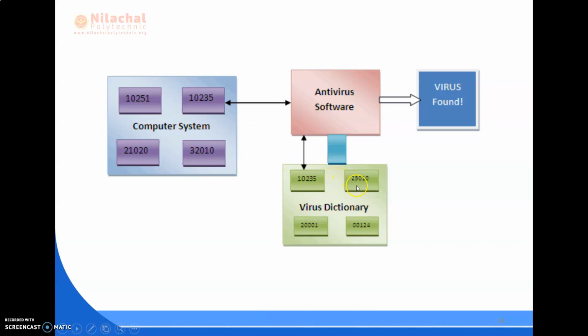If any of the codes match in the computer system with the virus dictionary, then it is said that the virus is found. So here we can see that among these four codes, one code, that is 10235, is found in the virus dictionary. So this code matches with the computer system code, and hence we can detect that the virus is finally found.